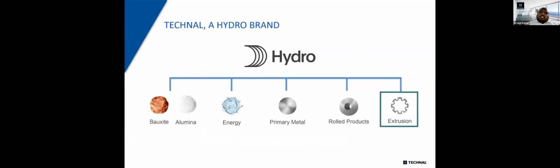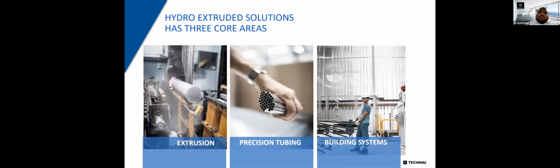So we belong to the extrusion business as Technal, and under the extrusion business we have, of course, the standard extrusion portfolio. We also have the precision tubing portfolio, which caters to industrial products. And then we have the building systems, which is where Technal comes under. In the building systems portfolio, we have 4 brands.